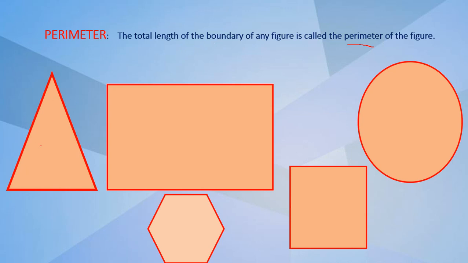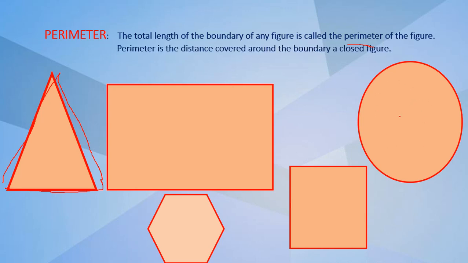Consider this triangle. This side, and this side. These three sides, when we sum up, we get the total boundary of this triangle. Similarly, in this rectangle also, when we find the total of this boundary, it is the perimeter. Similarly in the case of the hexagon and the square, what is the total distance?